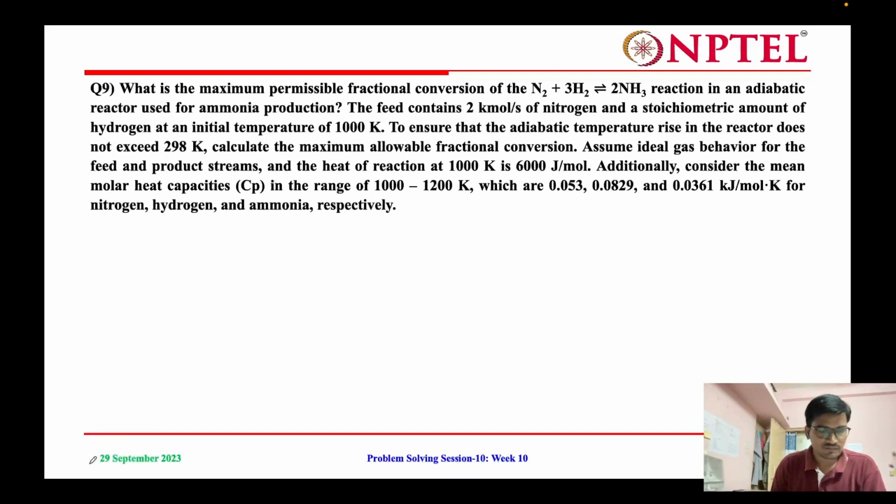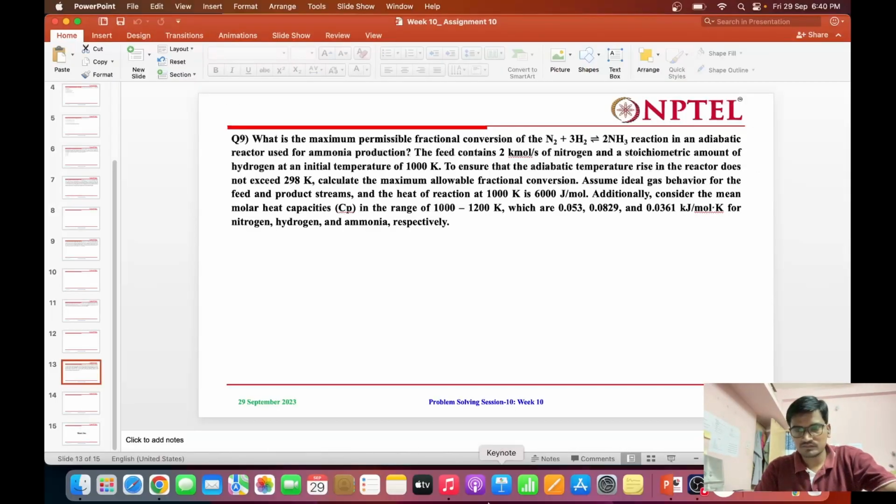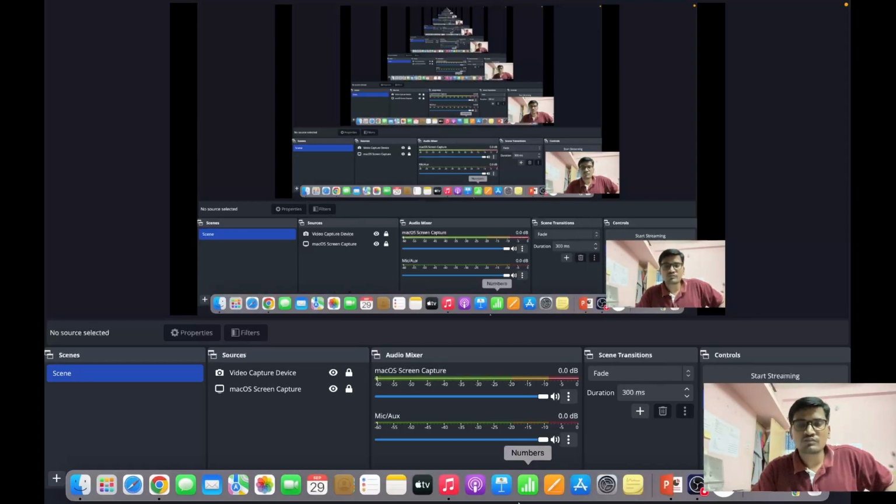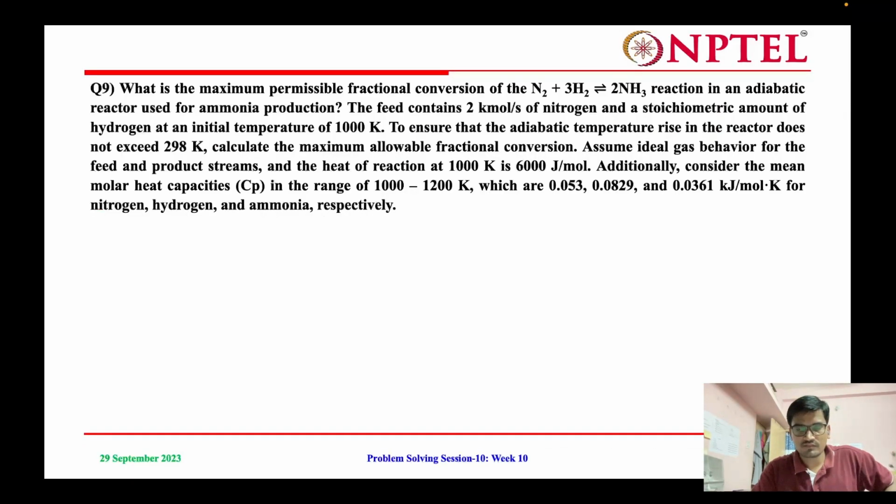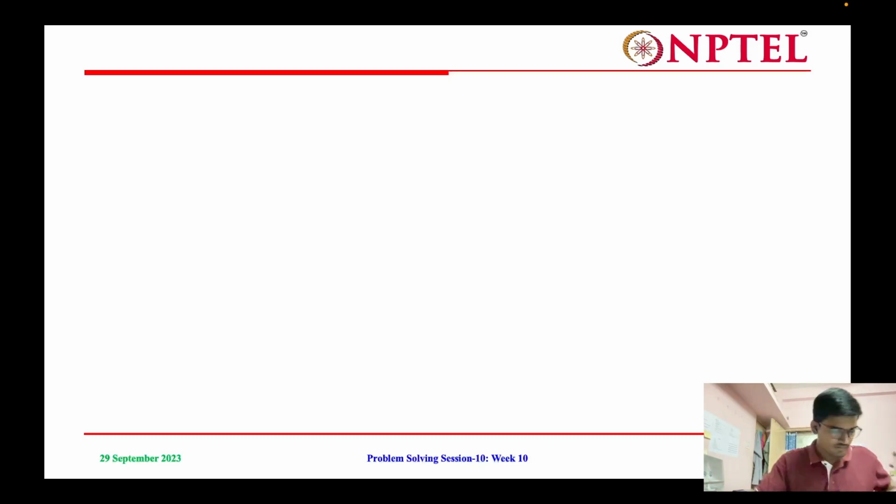So Cp dT, the extent of reaction, equals minus delta H_R into x. So delta H_R is given, 6000 into x.